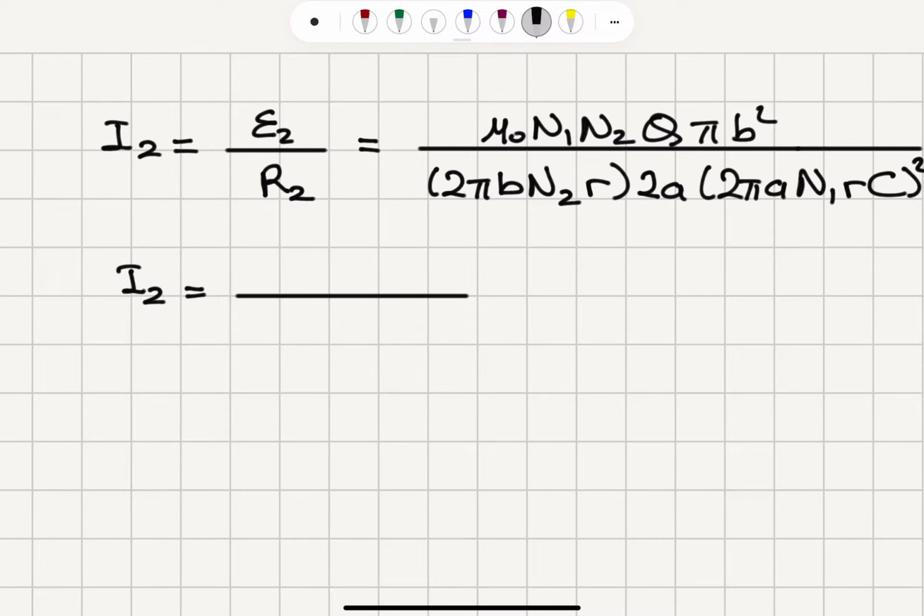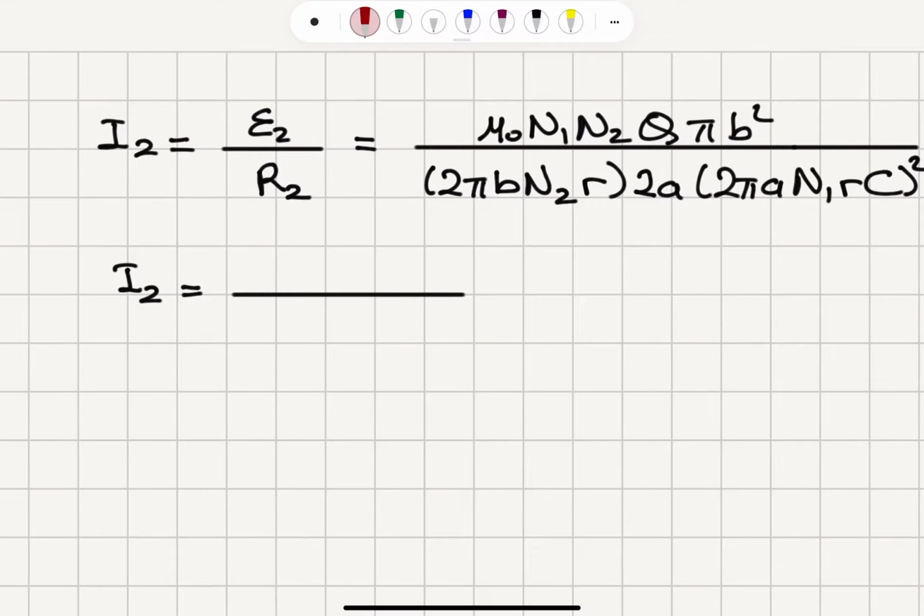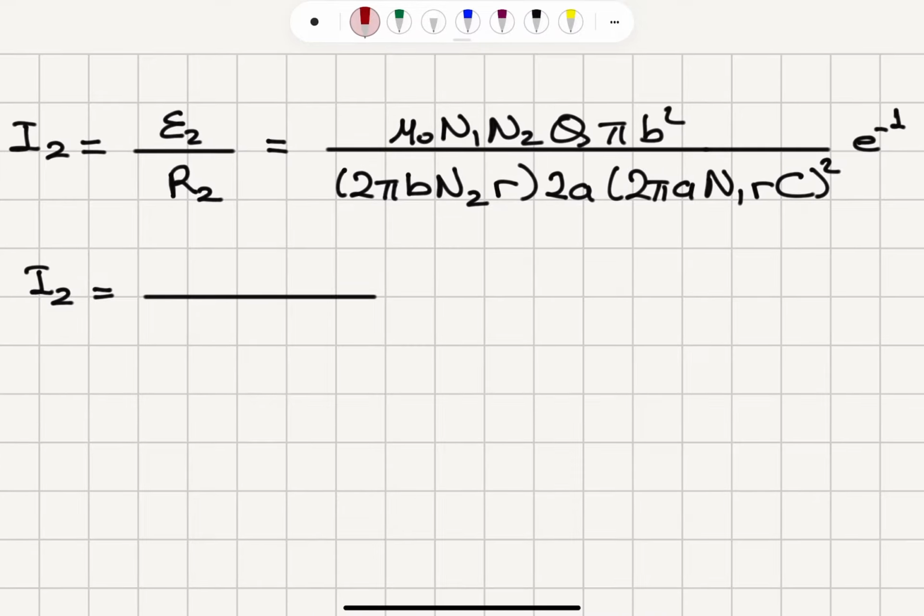If I simplify this answer, you can see here there is pi disappearing with this pi, and one of the b's disappears here, and then N2 disappears, and that's basically it. So I will have mu 0.